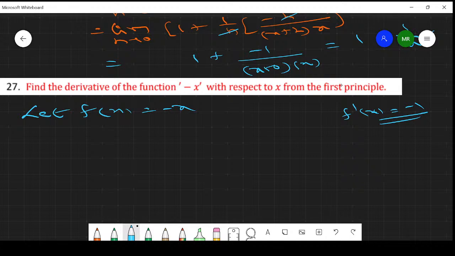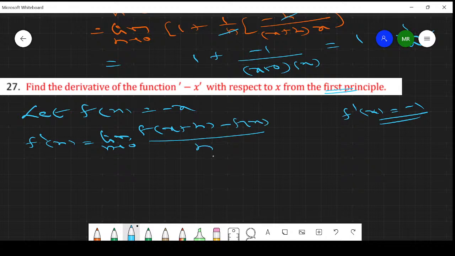But they are asking for first principle, so you write the derivative formula. f dash x is equal to limit h tends to 0, f of x plus h minus f of x by h. Always remember f of x plus h.